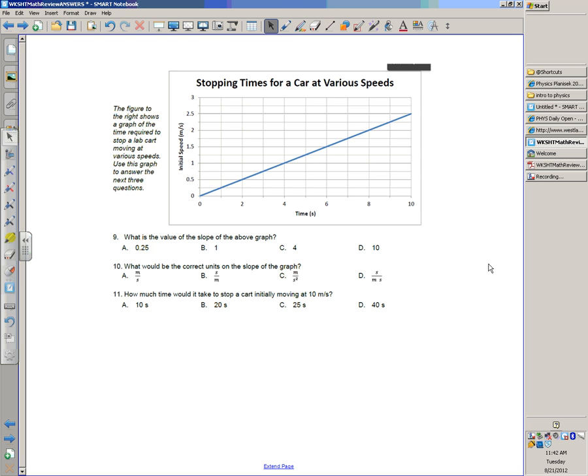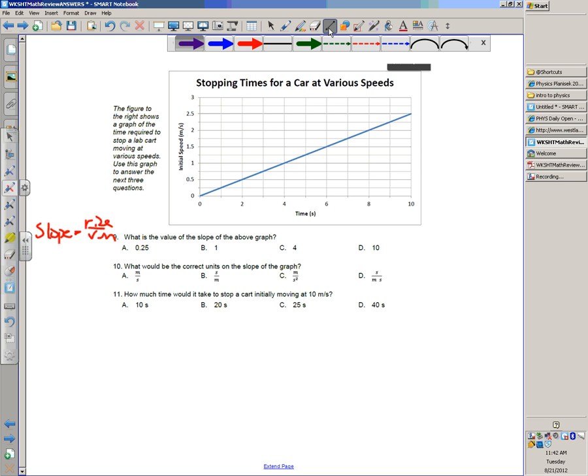Rise over run, right? So slope is equal to rise over run. If we take a look at this graph, it's got the speeds on the left-hand side, and it's got the time on the x-axis.